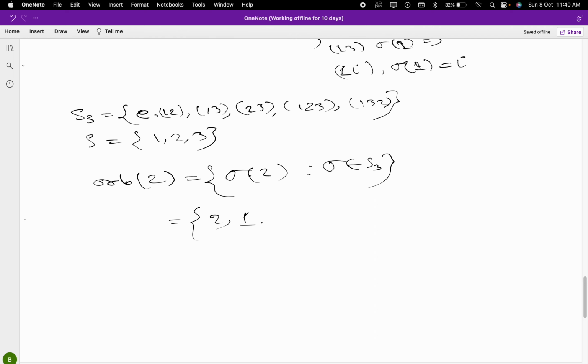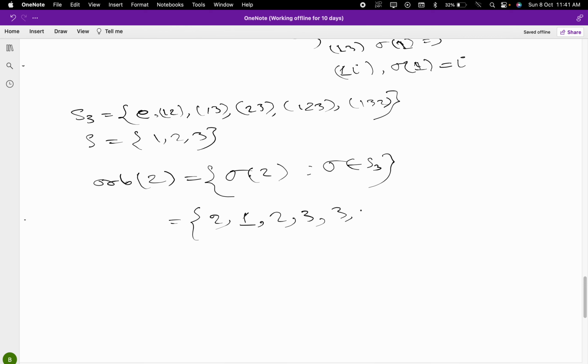If sigma is 1 3, it gives 2, which is already included.